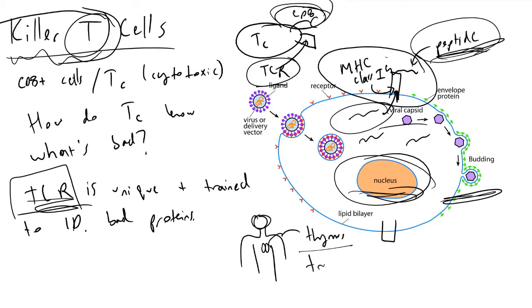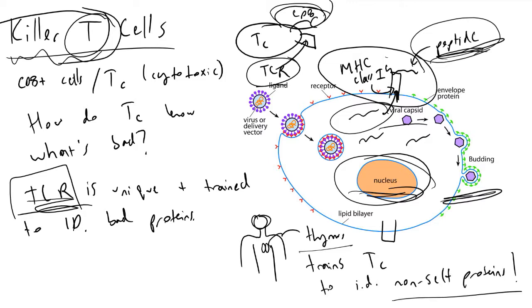The thymus trains these T cells to identify non-self proteins. And so once your thymus has trained your T cells to identify what your non-self proteins are, like the proteins that this virus right here is making, then your T cell will jump into action.